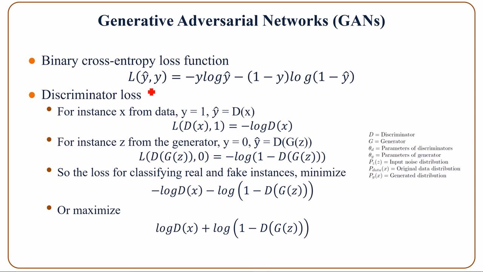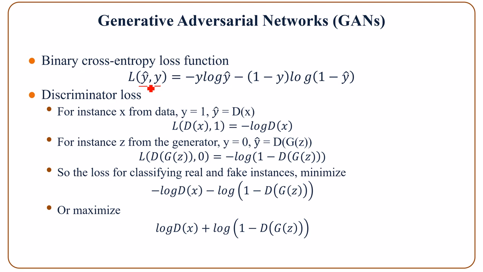We know the binary cross entropy loss function. For an example x, y is the target, which could be 0 or 1, and y hat is the estimate of y. So we have this as the binary cross entropy loss function.